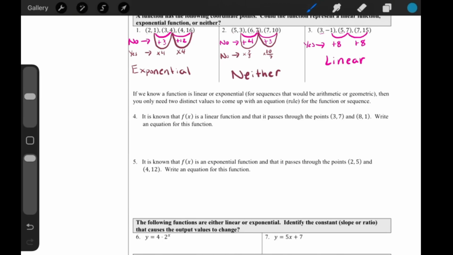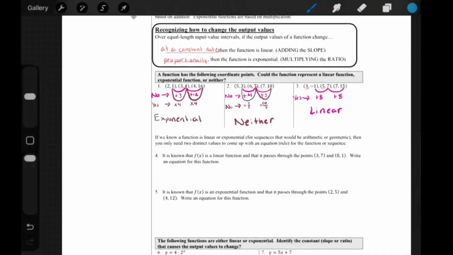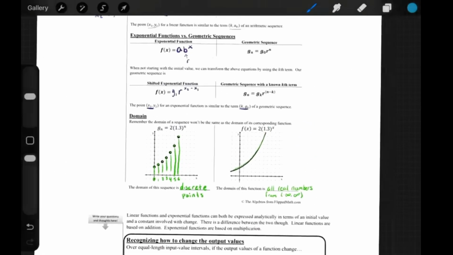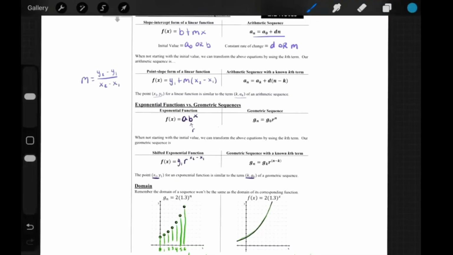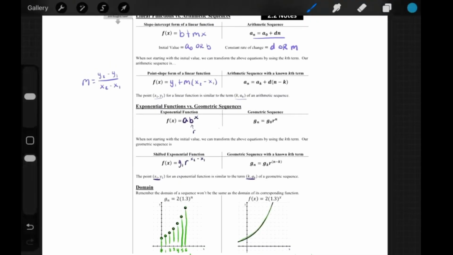So we need to find our slope. The reason being is if we go back, we'll need to find our slope using this formula, and we can write it out just like this. If it's an arithmetic sequence, it can be written just like this.